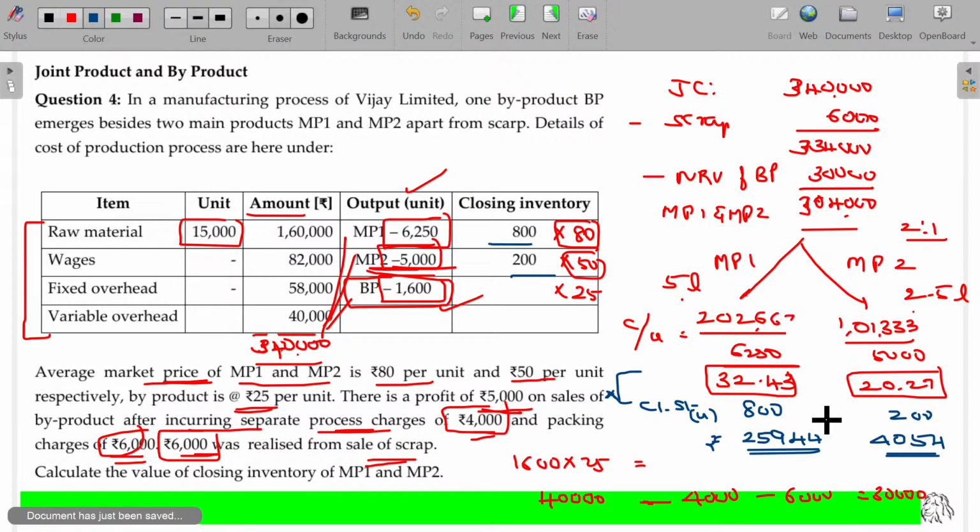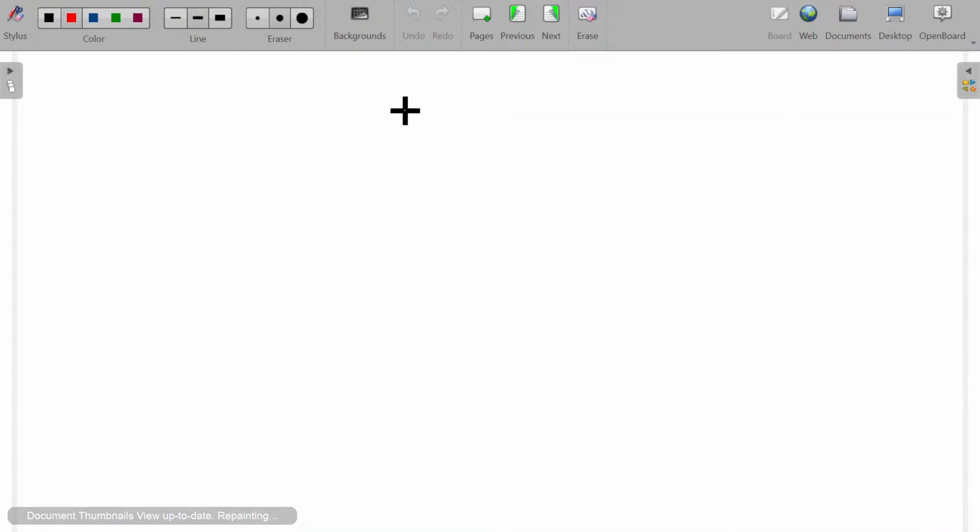Is that clear? When we have joint products, very simple. Based on the sale value of these joint products, you can find out the cost after segregating. When we have the joint product along with the byproduct, any amount you recover by selling the byproduct is subtracted from the overall joint cost. Thereafter, leftover cost can be shared for the main products. So I'll give the picture. In case of joint cost, what do you spend? Minus NRV of byproduct.